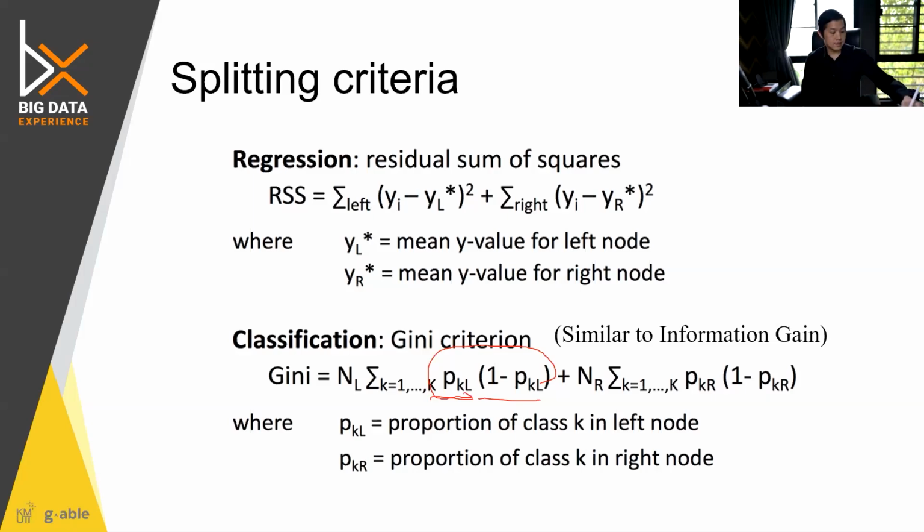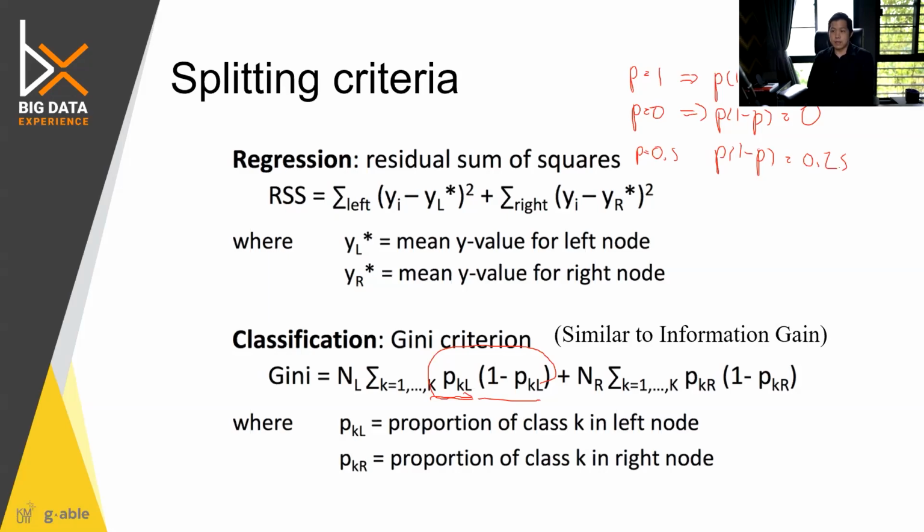If P is 1, then P times 1 minus P would be 0. If P is 0, then P times 1 minus P would be 0. If P is 0.5, then P times 1 minus P would be 0.25. Right? This is the highest value it can get. So you can see that by just multiplying, you get something similar to entropy.